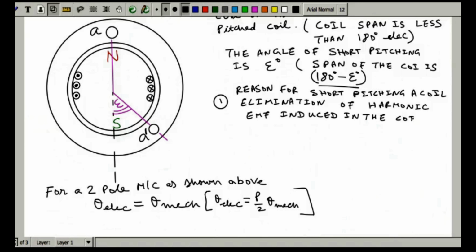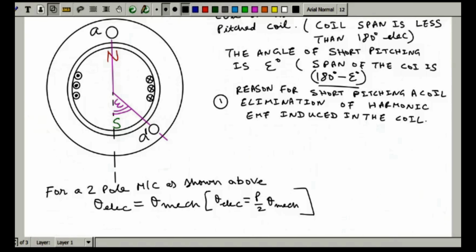Now there is one interesting fact here: we can eliminate only one harmonic EMF by short pitching a coil. It is not like we can eliminate all the harmonic EMF. So usually what is done, we eliminate the lower order harmonic EMF, because that will be more prominent. As I have said earlier, as the order of the harmonic increases, the effect of the 11th order harmonic will be more prominent compared to the 13th order harmonic.